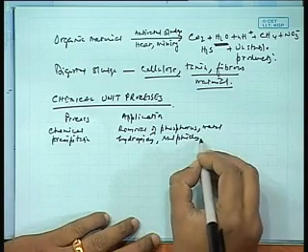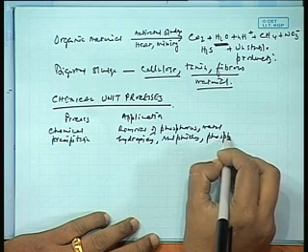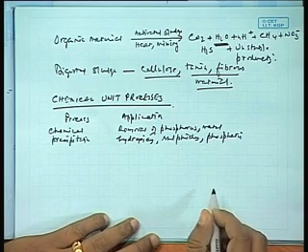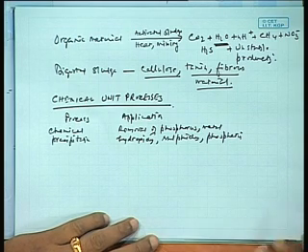So removal of phosphorus means removal of phosphates also. Just to say that these are the sources of phosphates. As you can see, many of these phosphates are coming through the fertilizers.